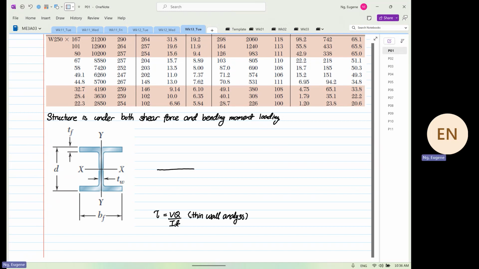We realize that our structure, this is just a sketch, by the way. Okay, so this is shear stress. This is our Y. Okay, and because it's thin wall analysis, we were going to get a distribution like this. Okay, so this is based on thin wall.